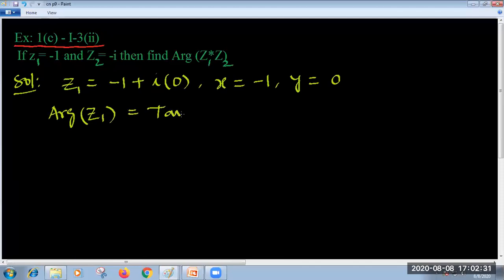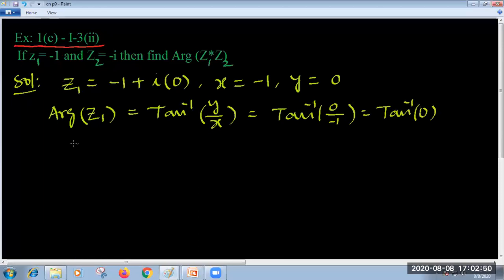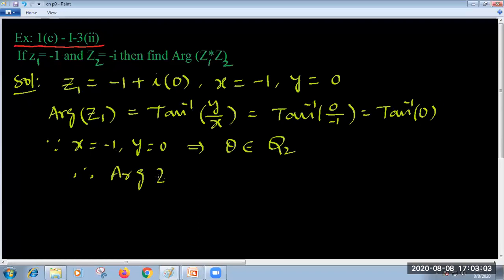Tan inverse y by x is equal to tan inverse 0 by minus 1. So 0 by anything is 0. Since x negative, y positive, the angle belongs to the second quadrant. Therefore, the argument z1 is equal to 180 degrees.